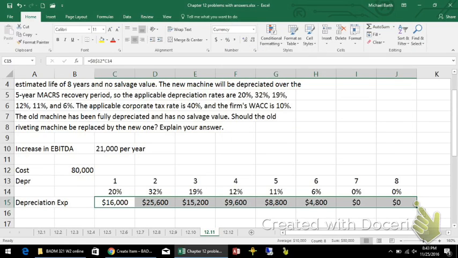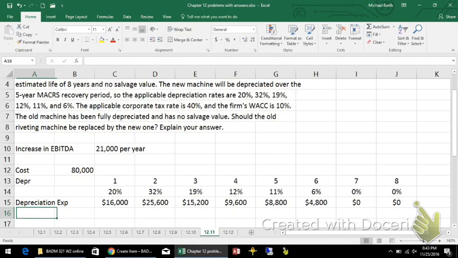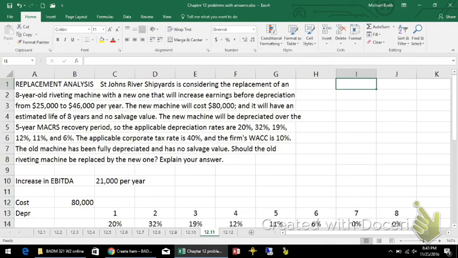So we've got depreciation expenses in each of the next 8 years that we didn't have before. The EBITDA will go up as well. The old machine, there's no salvage value, doesn't say, and the new machine will have no salvage value.